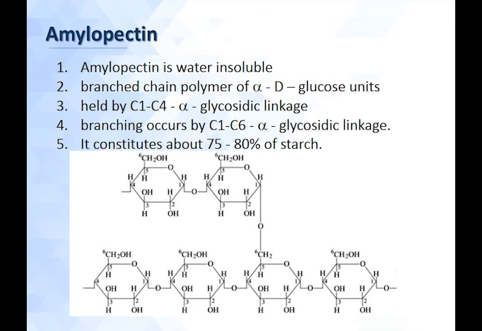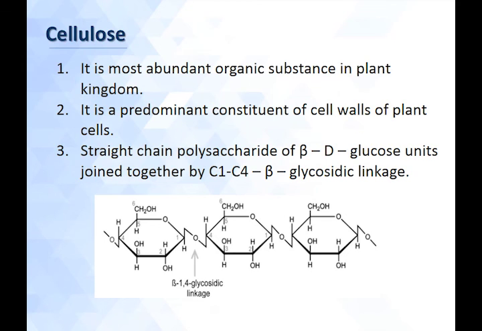Amylopectin. Amylopectin is water-insoluble, a branched-chain polymer of alpha-D-glucose units, held by C1-C4 alpha-glycosidic linkage. Branching occurs by C1-C6 alpha-glycosidic linkage. It constitutes about 75 to 80% of starch.